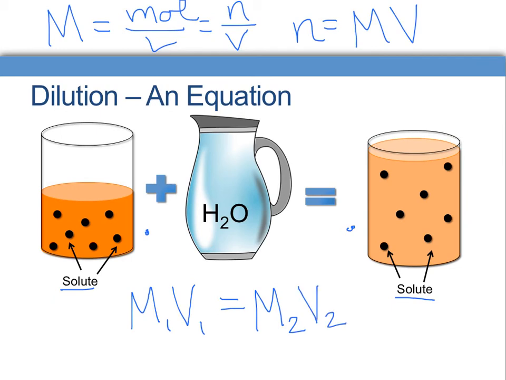So it's possible this formula should look a little familiar from honors chemistry: M1V1 equals M2V2. And the nice thing about this formula is that your volumes can be in any unit you want: liters, milliliters, decimeters cubed. It doesn't matter, as long as they are both in the same unit, you're okay.